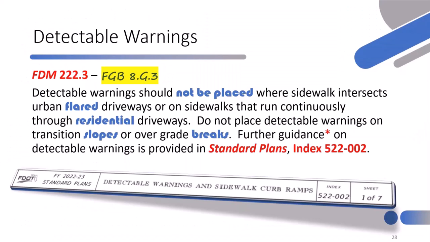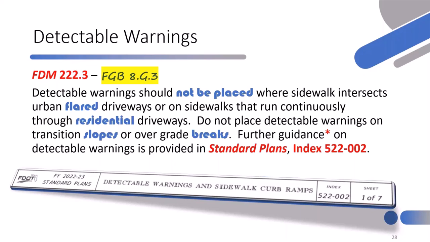Okay, the first sentence here says detectable warning should not be placed where sidewalk intersects urban flared driveways. That's a reference to Index 522003. So you want to follow the guidance in that standard plans. But let me say here, this is an important point to make, that applying standard plans and FDM criteria does not alleviate an engineer from their ethical and professional responsibility to provide a safe and accessible design.